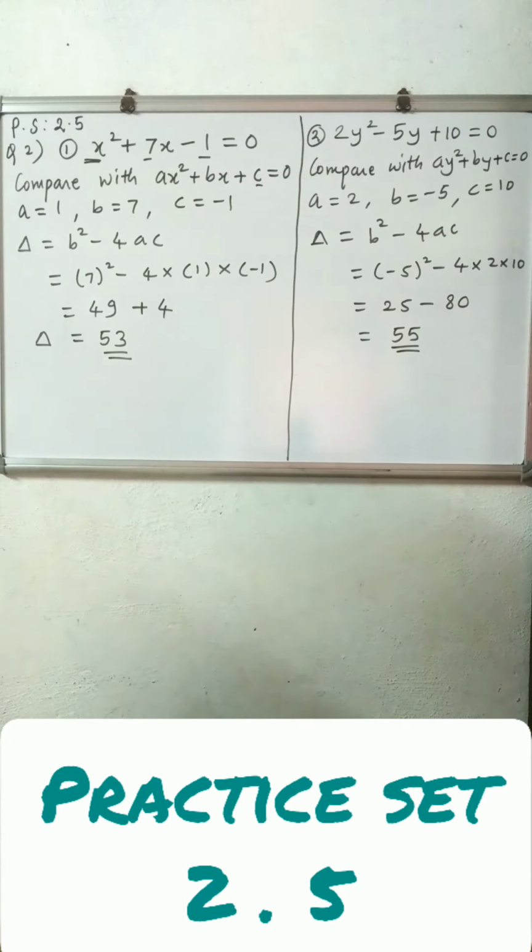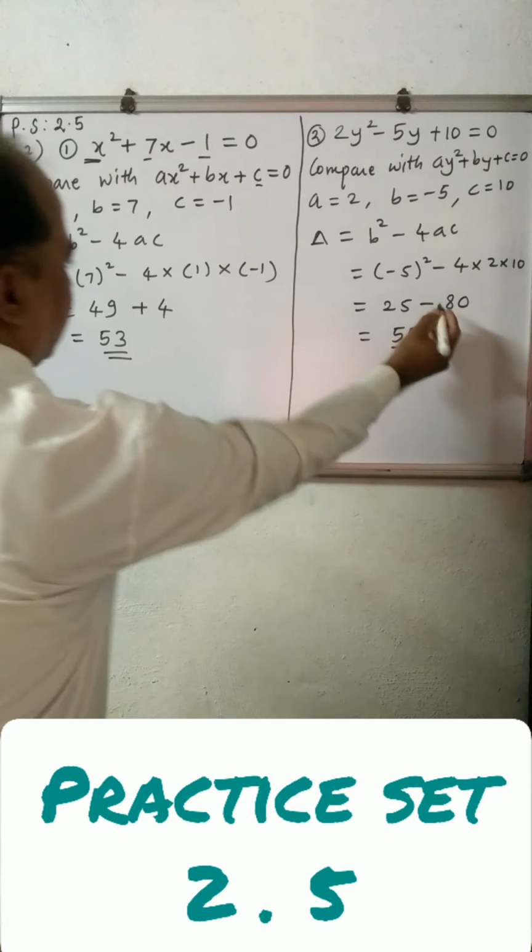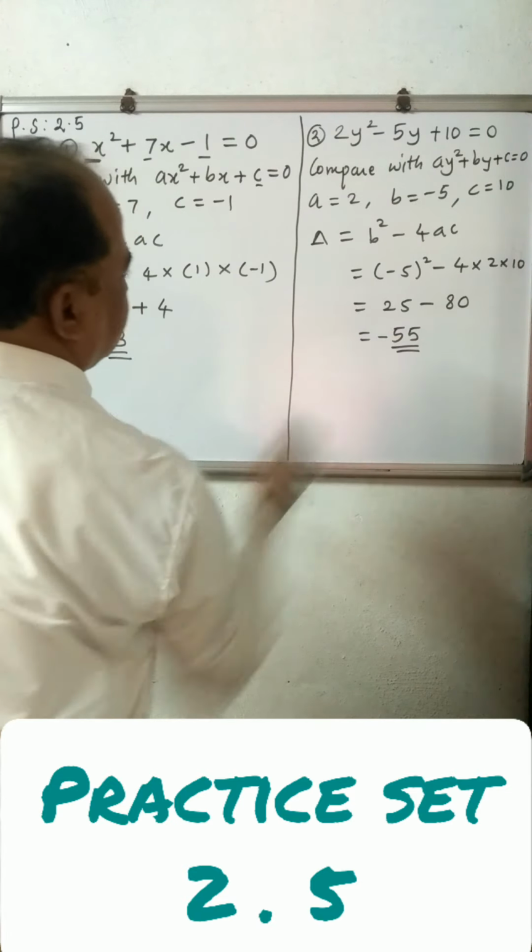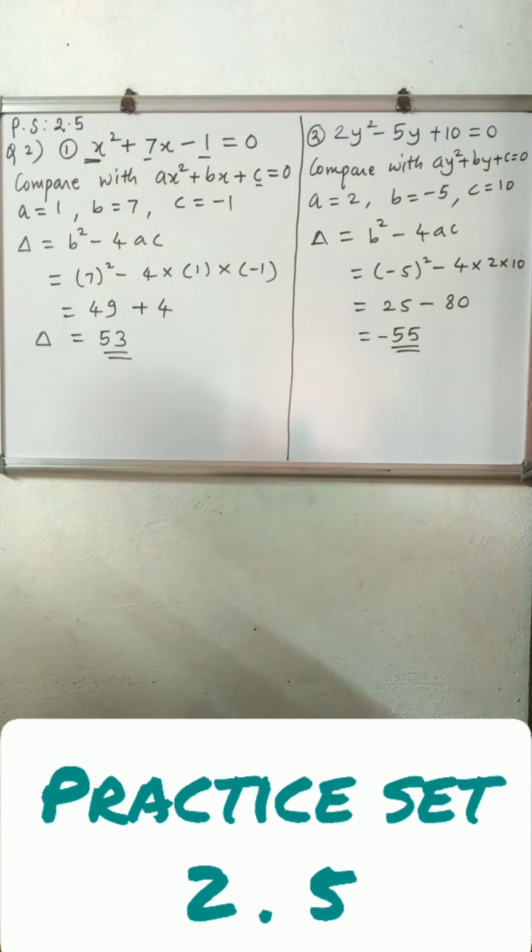So delta is equal to 55. And you have to give the sign of the greater number. So greater number is 80, minus, so minus 55. Delta is minus 55.